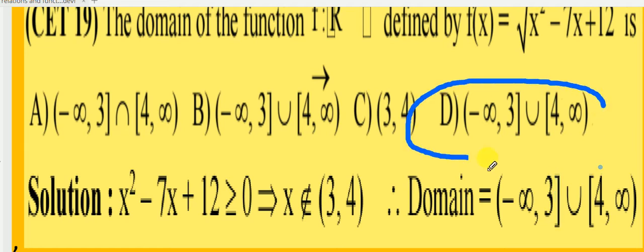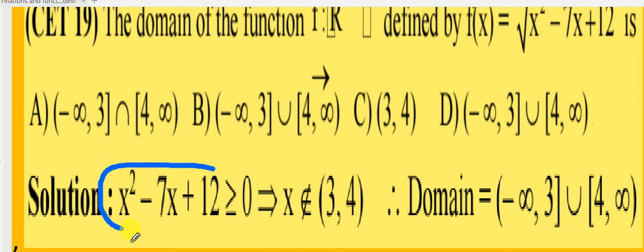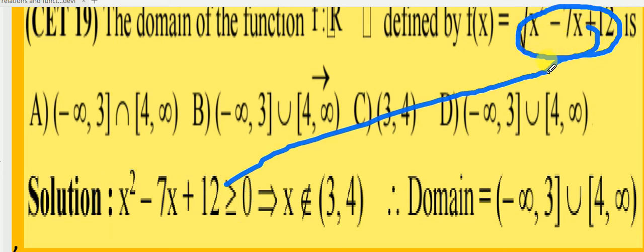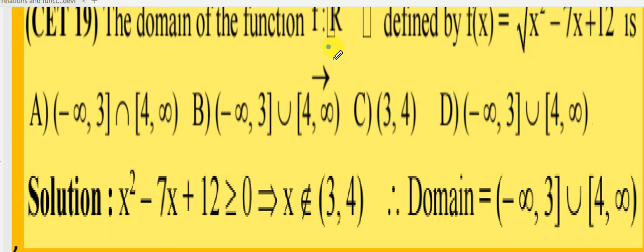That is option D as the right answer. If you take any number between 3 and 4, you can check that this becomes a negative number, and then this will be a complex number. So we have domain and range as set of real numbers. Therefore answer is D.